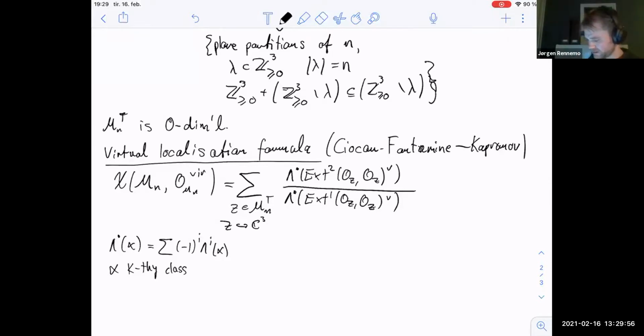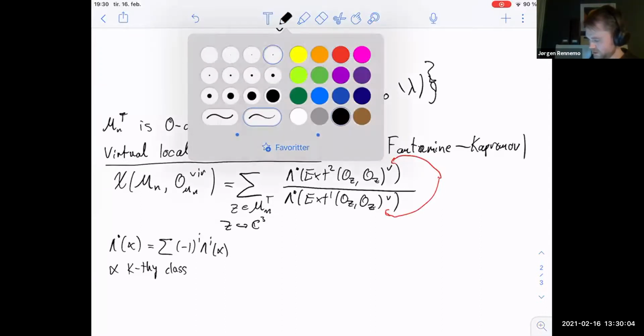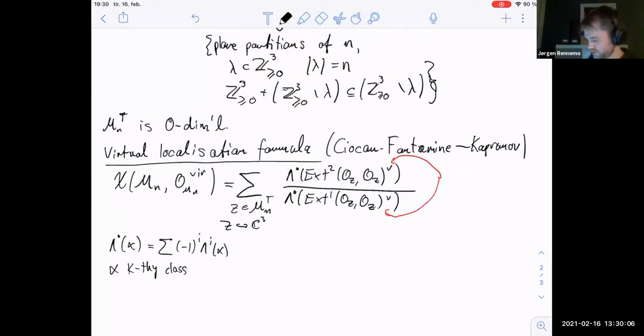And how do I want to think about these things? The elements here are T-representations, and I want to think of them as polynomials in the ti, the parameters of the torus.